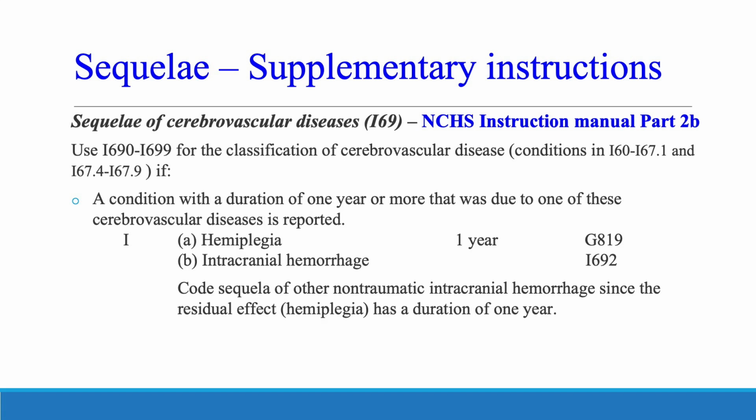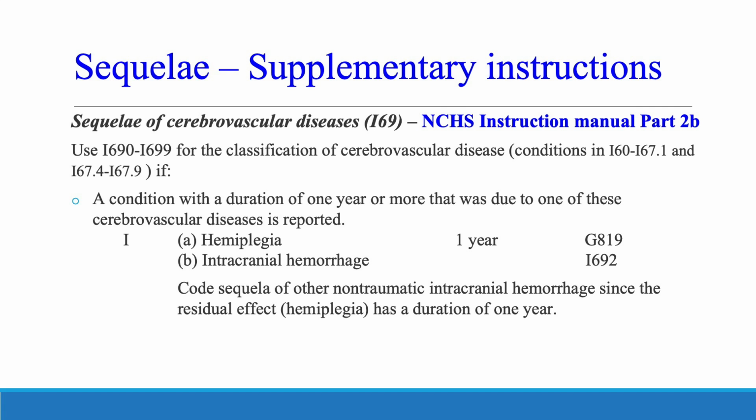Next instruction on this same thing, the use of I690 to I699. Use I690 to I699 for the classification of cerebrovascular disease if a condition with a duration of 1 year or more that was due to one of these cerebrovascular diseases is reported. An illustrative example, in Part 1, on line A, hemiplegia, 1 year duration, due to an intracranial hemorrhage.